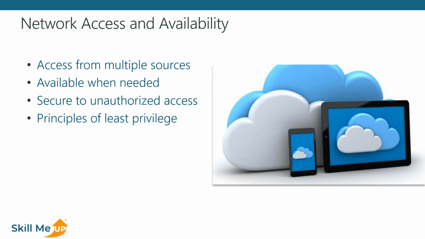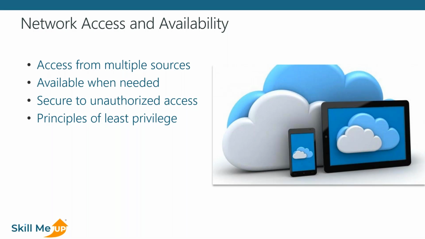So when accessing those resources within the cloud, the availability of that data and those applications is extremely important, particularly to the users. And like I was saying in the previous slide, they want that flexibility to access from multiple sources, within and outside of the organizational infrastructure.